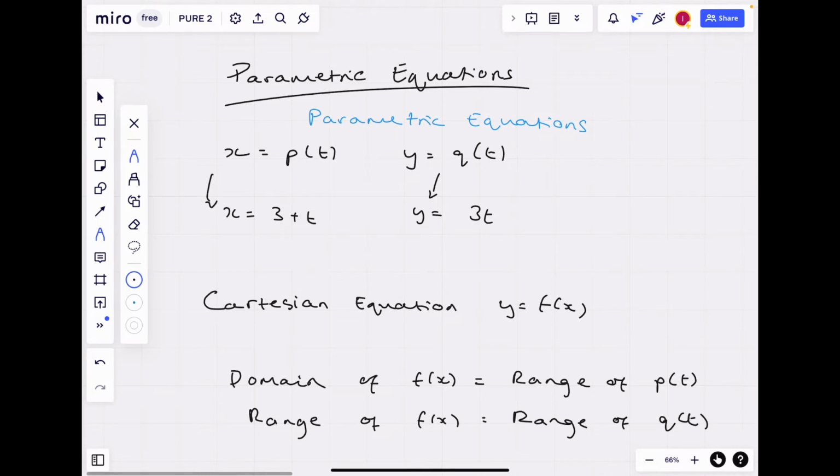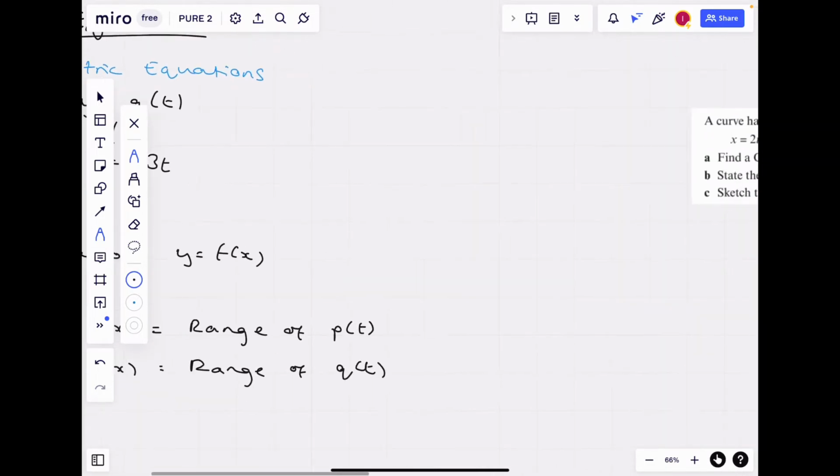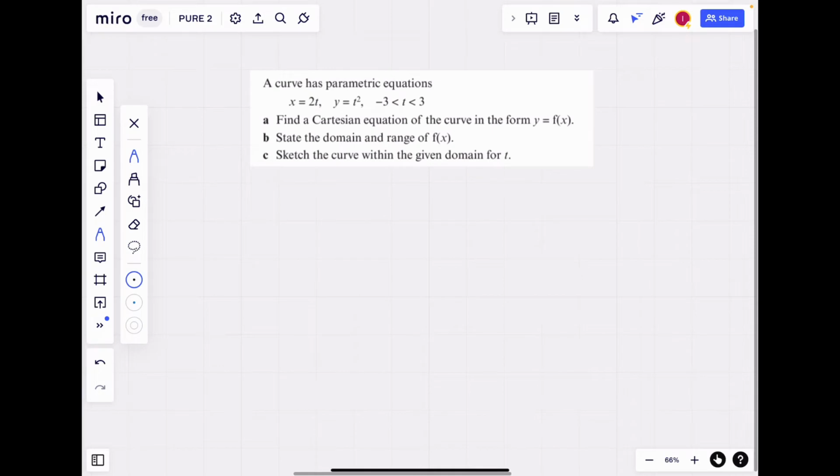So let's go through an example just to explain it a bit further. A curve has parametric equations x equals 2t and y equals t squared, and they've given the range of values for t. Find a Cartesian equation of the curve in the form y equals f(x). Essentially we need to make t the subject of one of them in order to substitute it in.